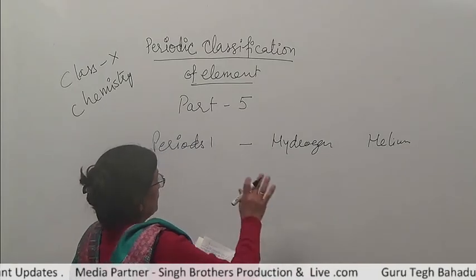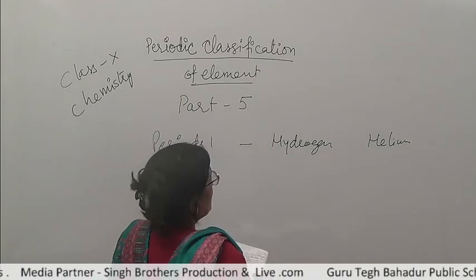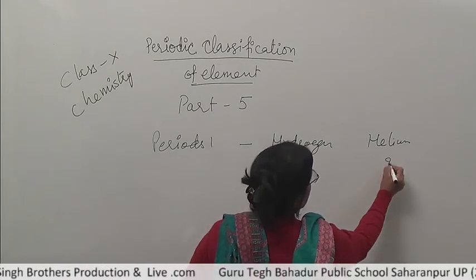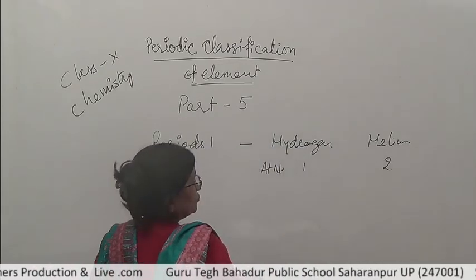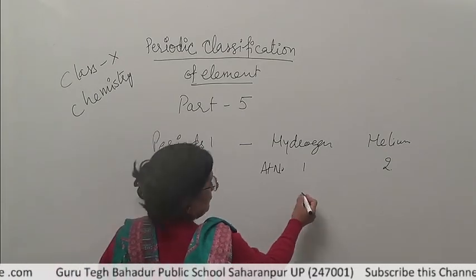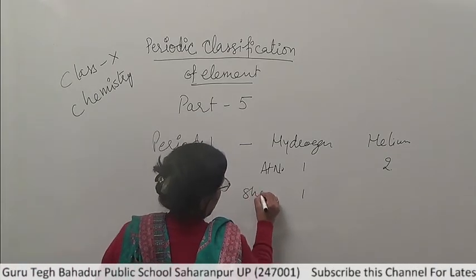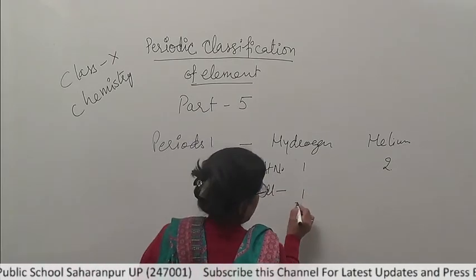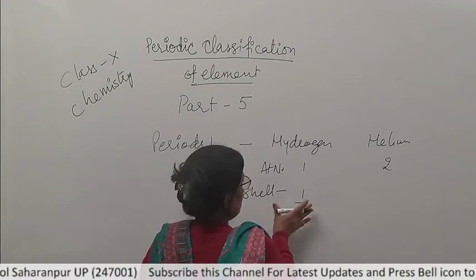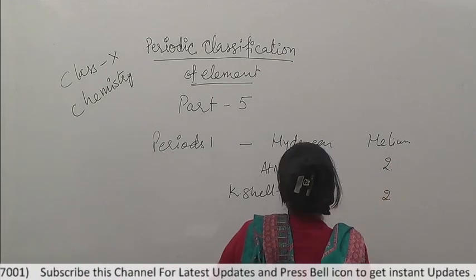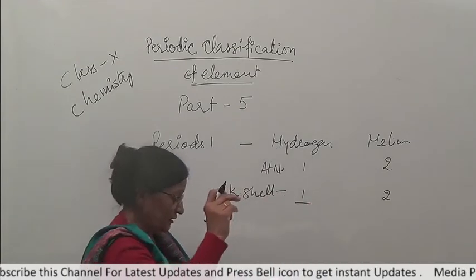Hydrogen's atomic number is 1, and helium's atomic number is 2. So it has only one shell, the K shell, and there is one electron in the case of hydrogen and 2 electrons in the K shell in helium.